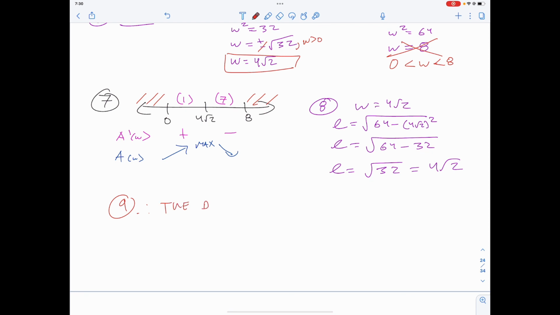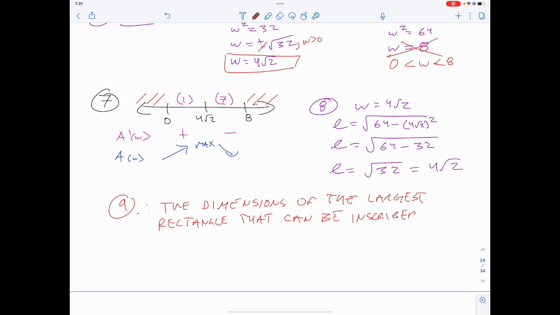The dimensions of the largest rectangle that can be inscribed in the circle are 4 root 2 centimeters by 4 root 2 centimeters.